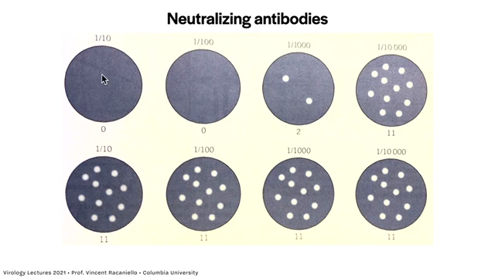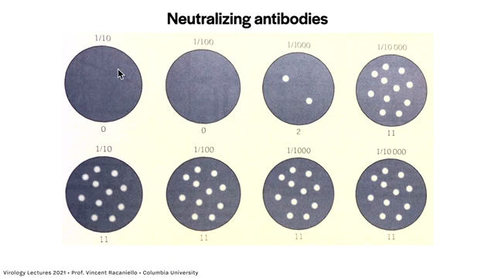And on the top, before we do the plaque assay, which I'm sure you all remember how to do, this is why you have to remember some of the things in virology, you mix your 12 PFU of virus with dilutions of antiserum: 1 to 10, 1 to 100, 1 to 1,000, and 1 to 10,000. This is from a person or an animal that has been infected or vaccinated.